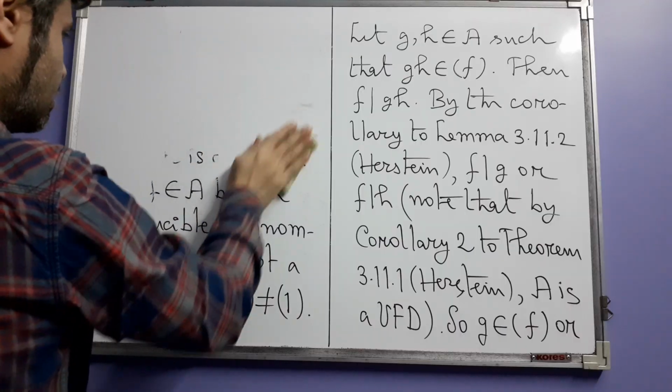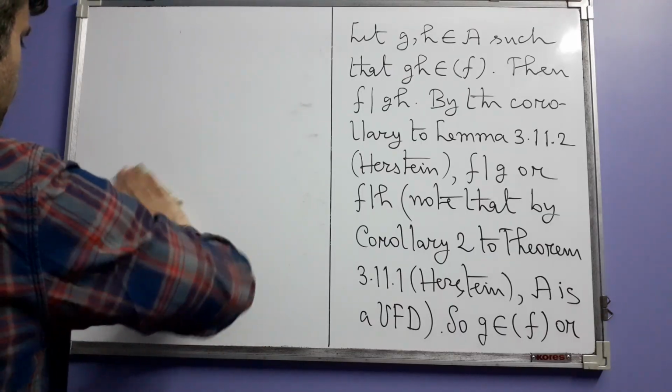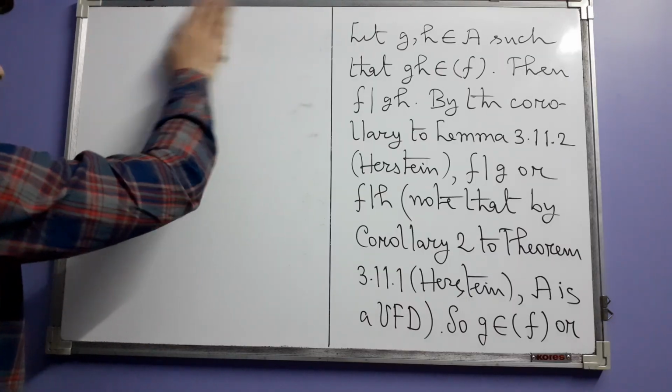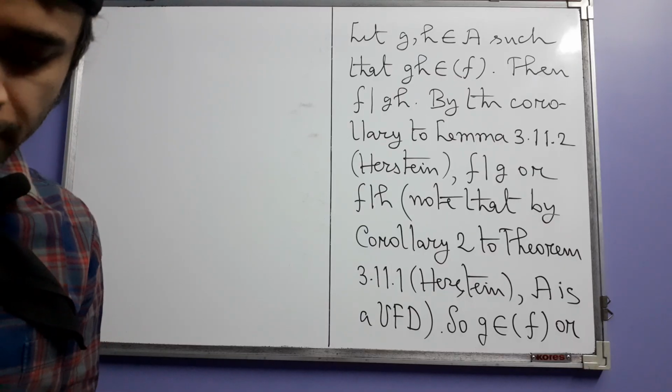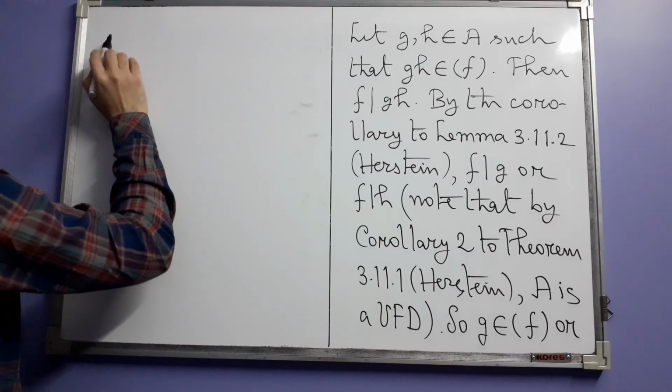So, that's how in this very important ring, any principal ideal generated by an irreducible element will be a prime ideal. So, that way you have many prime ideals.